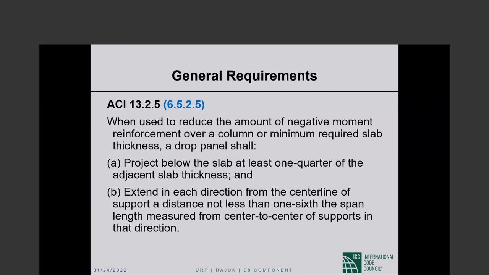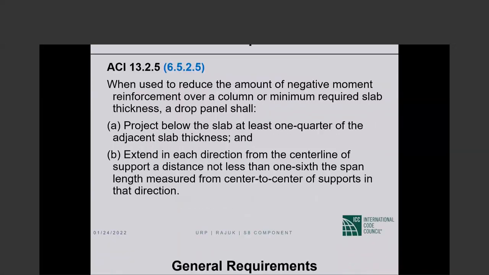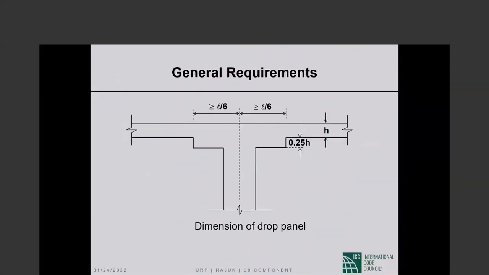Otherwise, they're technically not drop panels. So this is much more clearly understandable. A drop panel minimum thickness is 1/4 of the slab thickness, and it must extend 1/6 of the span length into each span. So this is a requirement of a drop panel.